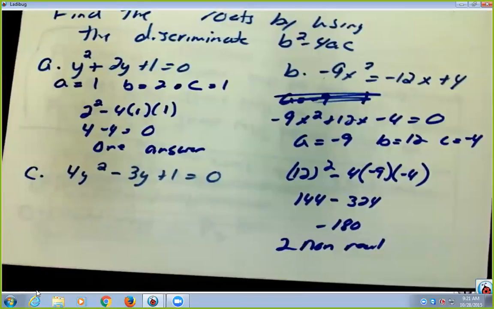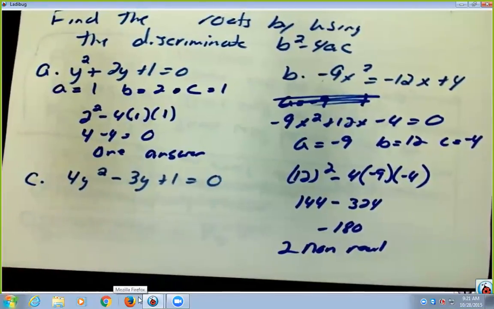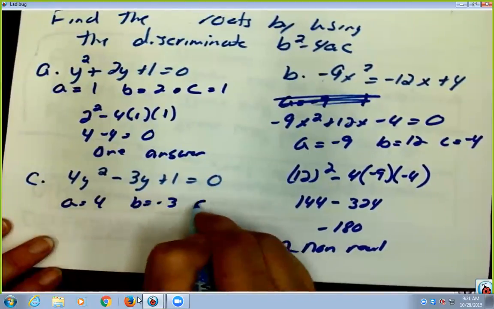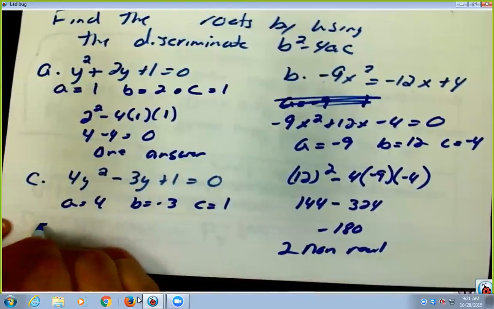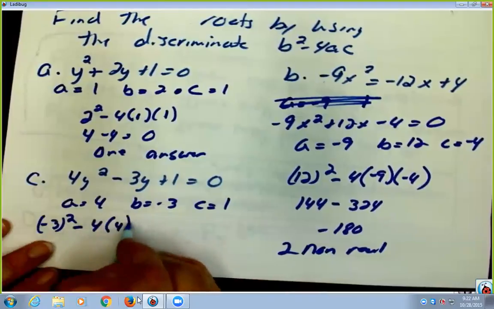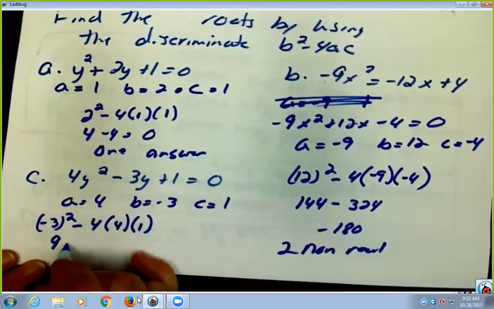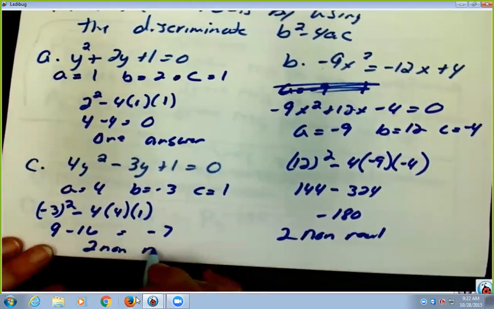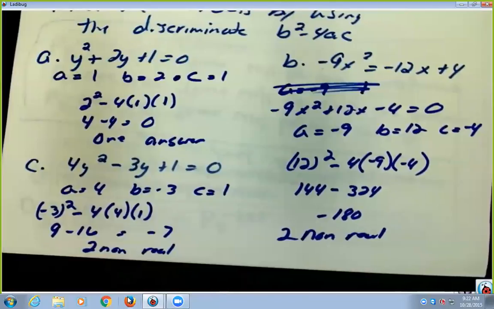Is it 2 reals, 1 answer, or 2 non-reals? So you should have 2 non-reals out of that one because it came out to be a negative 7.